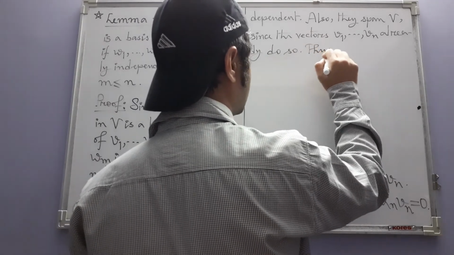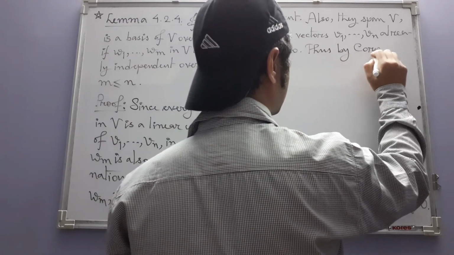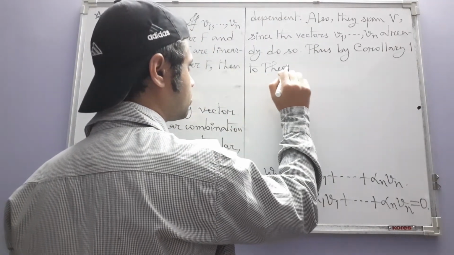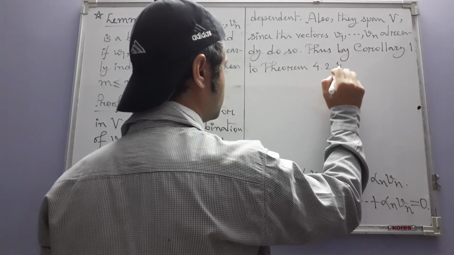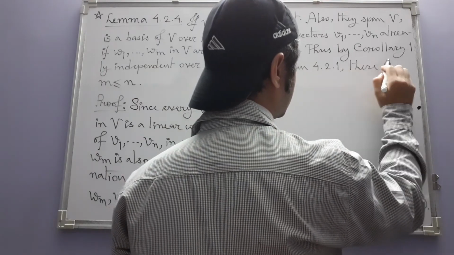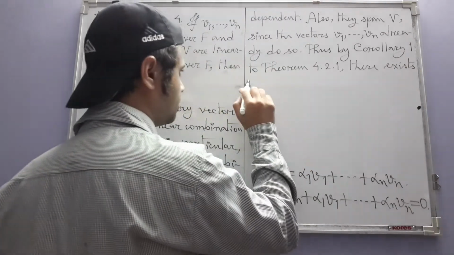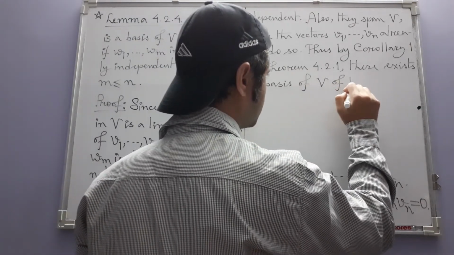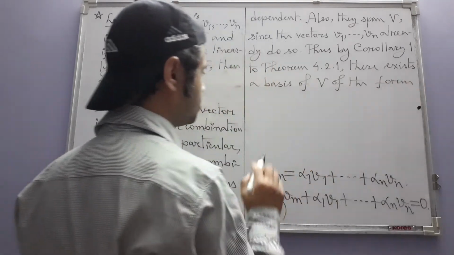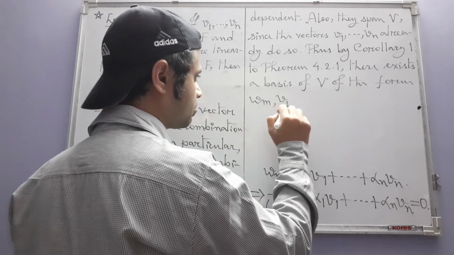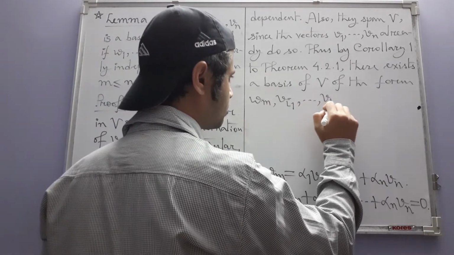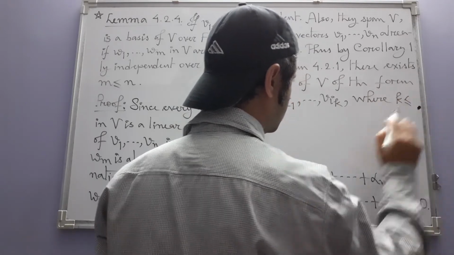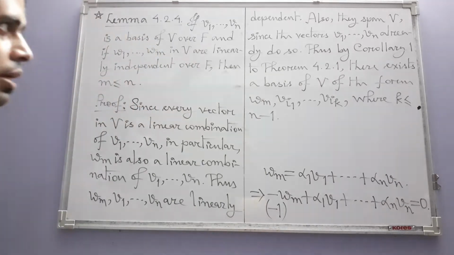Thus, by the first corollary to theorem 4.2.1, there exists a basis of V of the form this, where k is less than or equal to n minus 1.